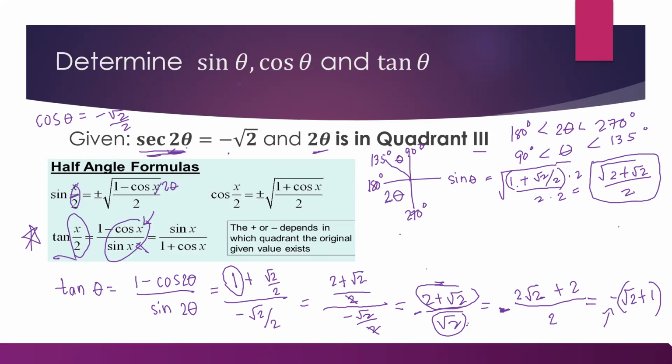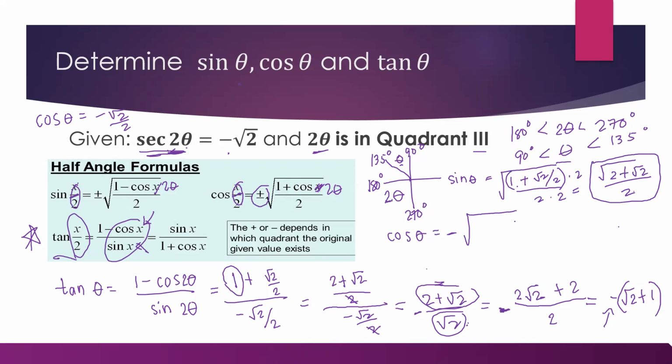Tapos for our cosine theta naman, kailangan alam natin yung kanyang sign kasi nasa second quadrant. So kailangan alam natin na between this, ang pipiliin natin is the negative. So again, if we make this a theta, it is half of the angle here. So this is 2 theta. Okay, so ayun po, gamit na naman natin. So that will be square root. Supposedly, it's 1 plus.